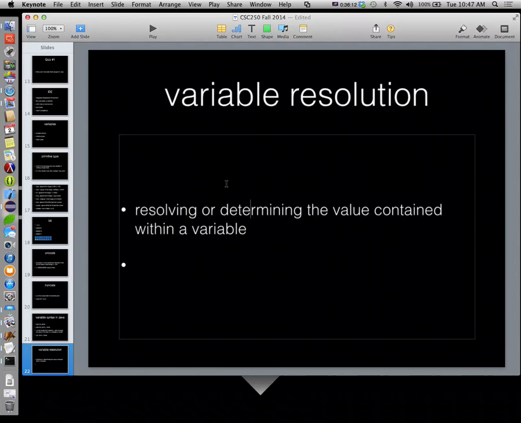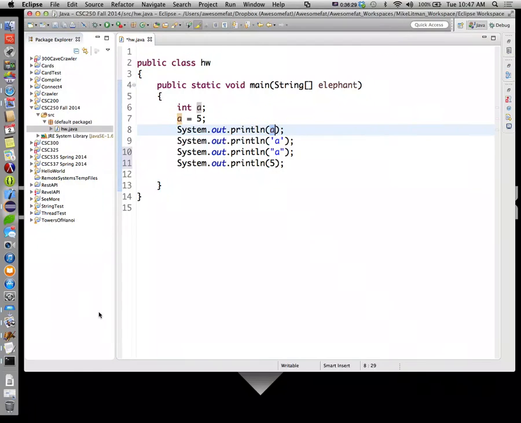So variable resolution is the act of searching in our computer memory for where that actual variable's value lives. A is going to point somewhere in real memory, and that place holds the value. At runtime, when our program's running, the variable resolves to the value contained within it.